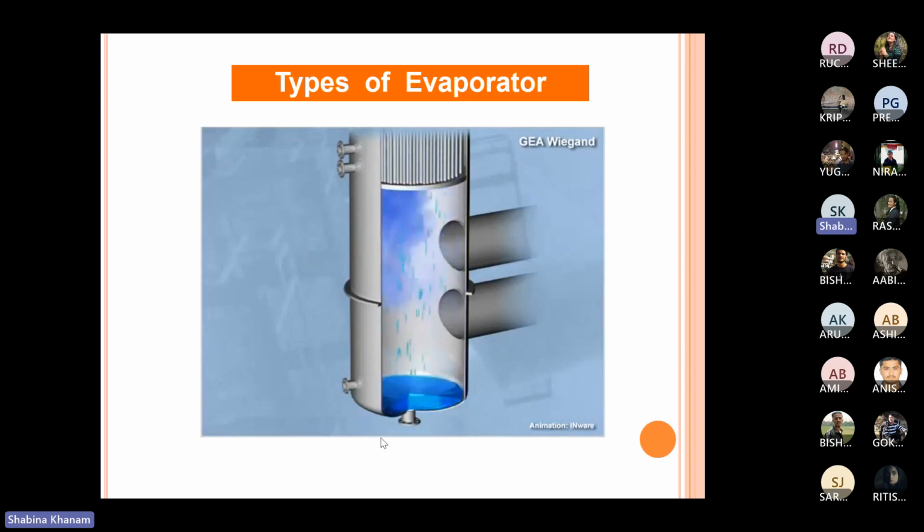And in this way, vapor and liquid is collected over here, and some concentrated liquid you can obtain here. However, the vapor along with some entrained liquid moves through these pipes.